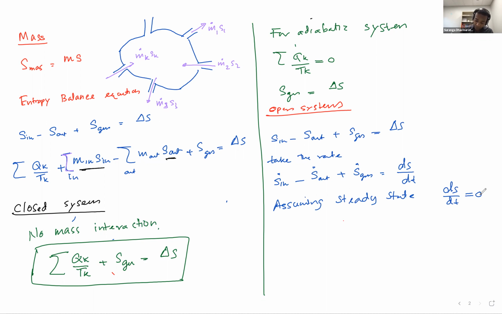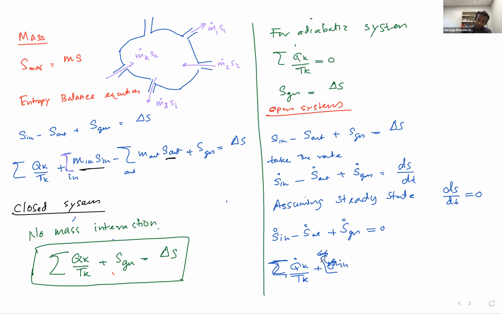So when it is equal to 0, we can say that S dot in minus S dot out plus S dot gen equals 0. Now, what are the ins and outs? We have sigma Qk over Tk, right? That represents both ins and outs, plus m dot in, all the ins.